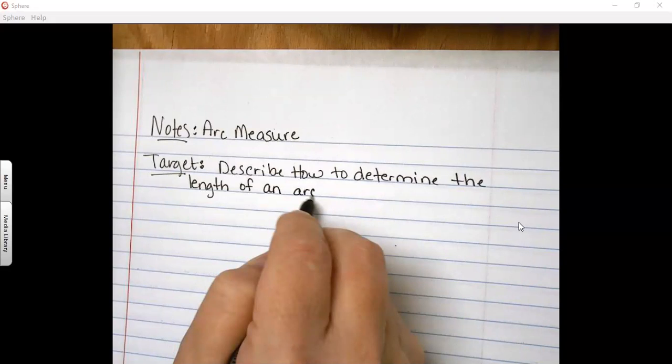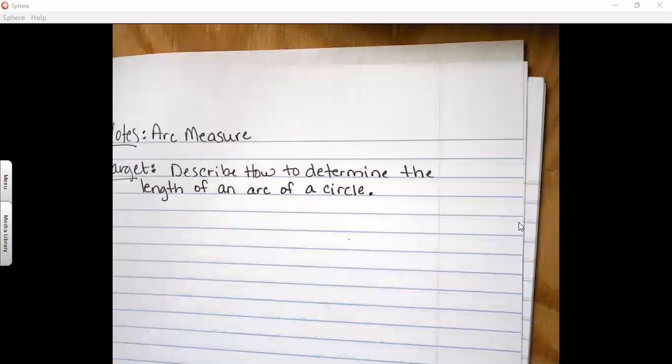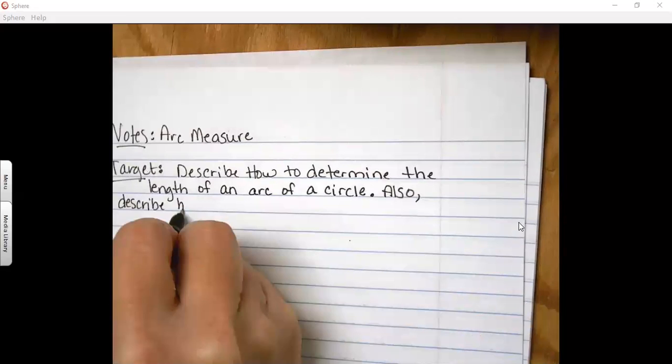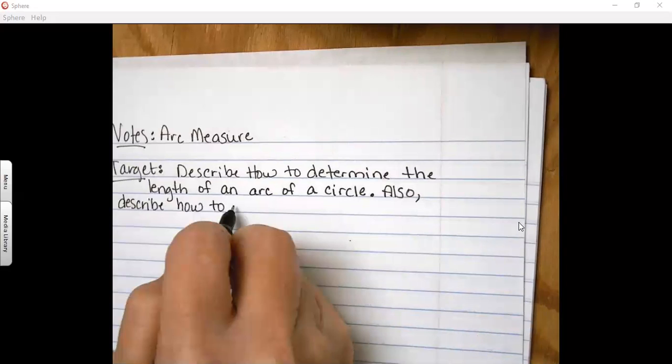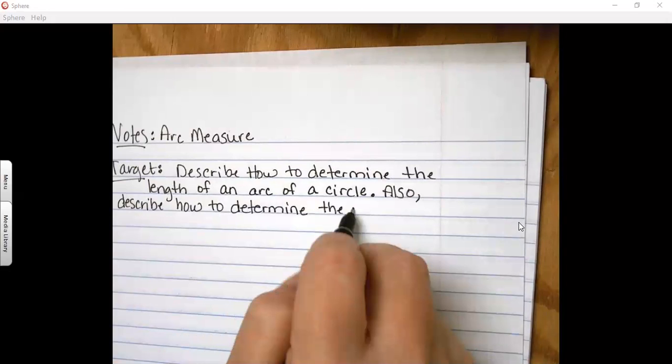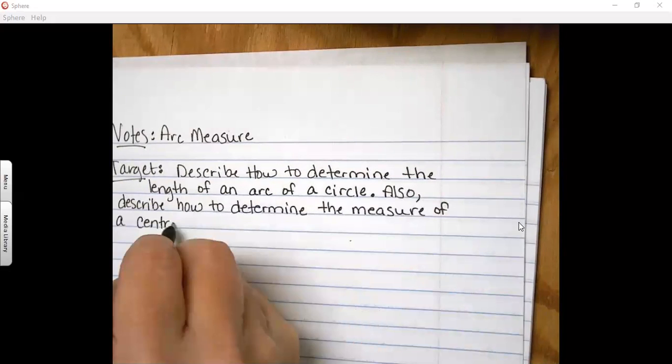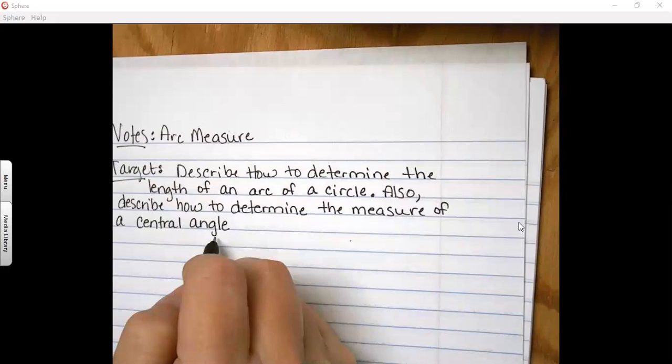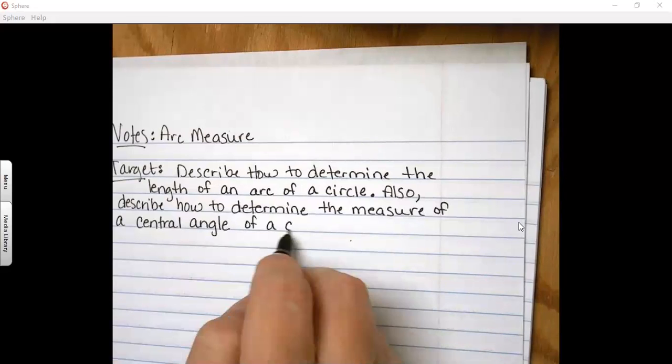Also, describe how to determine the measure of a central angle of a circle when given the arc length and radius.